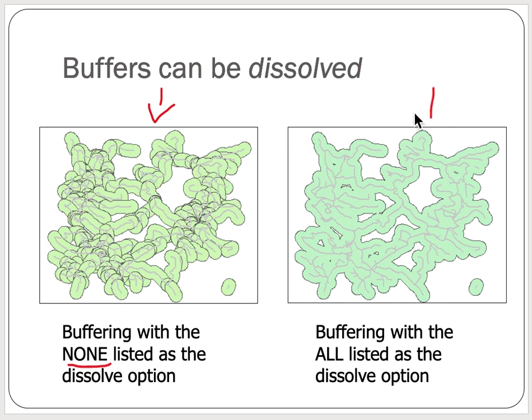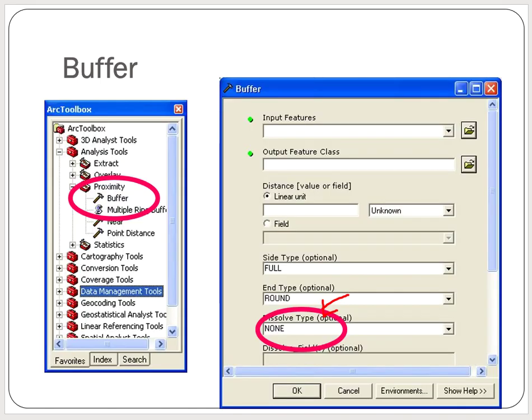But in this example, they did dissolve the buffers and they clicked all, and it has a single buffer around the streets. So again, you would find it in the Arc Toolbox under Buffer, and you would input your features and your output feature, and you would list the dissolve type. So in this example, it's none.